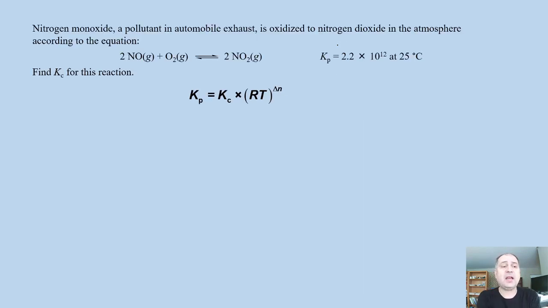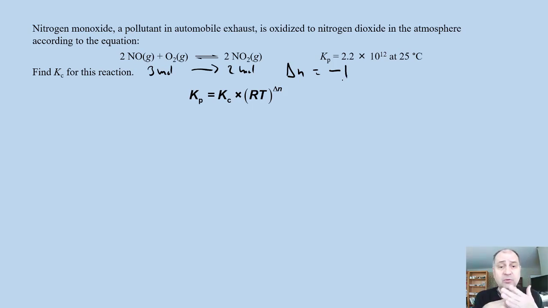So if I gave you this reaction here, find Kc for the reaction 2NO and O2 goes to 2NO2. Here we have 3 moles going to 2 moles, so delta N is going to be -1. If it was the reverse, it would be +1.